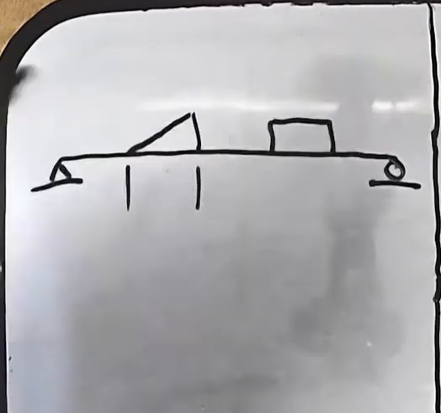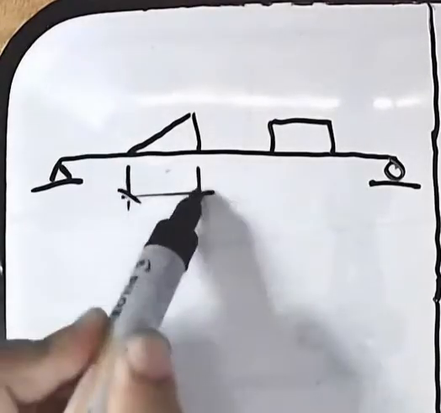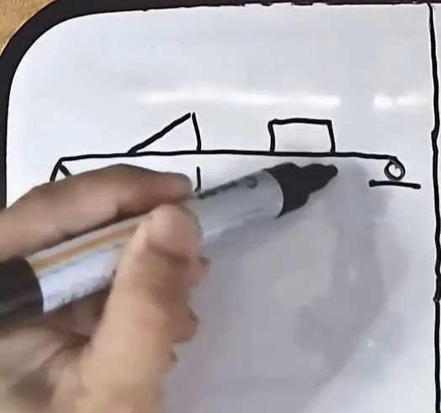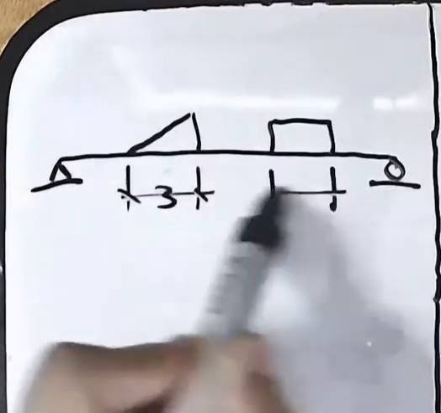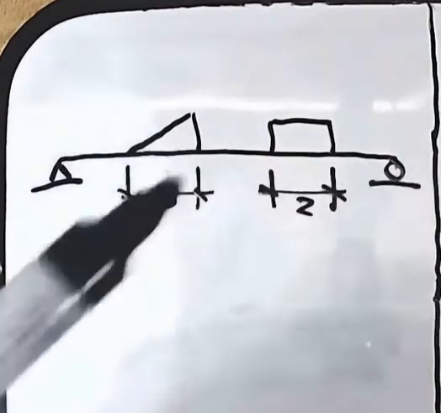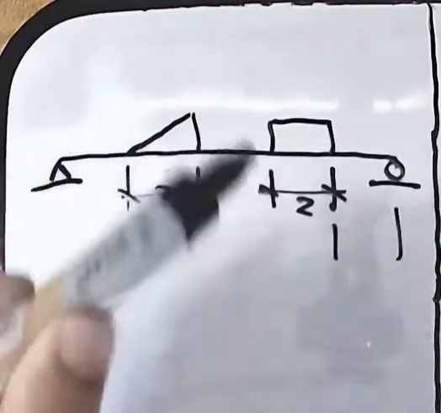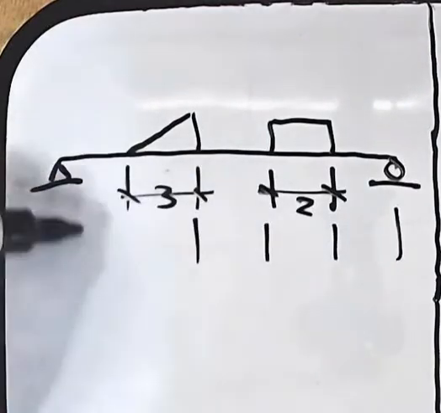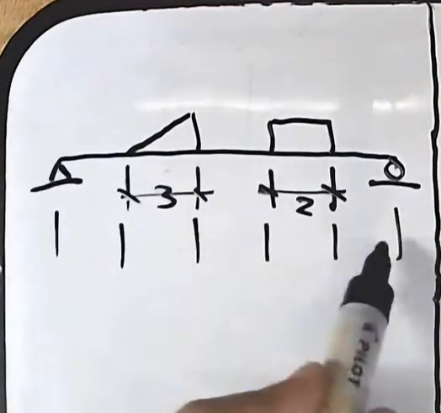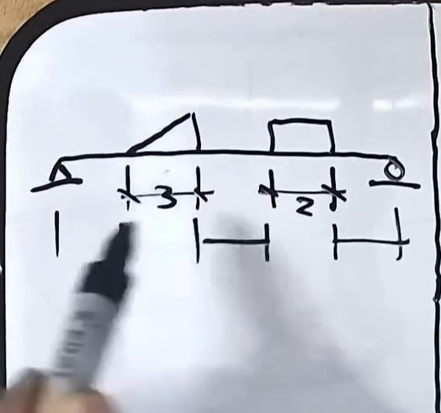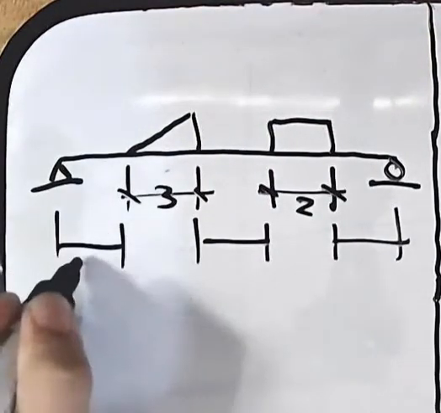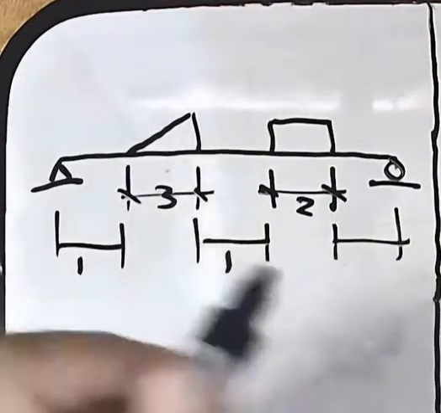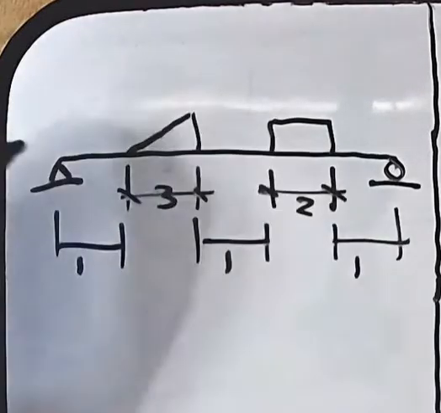So let's take this as 3 meters, and then this is 2, and then this distance, let's say 1 meter, 1 meter, and then 1 meter.